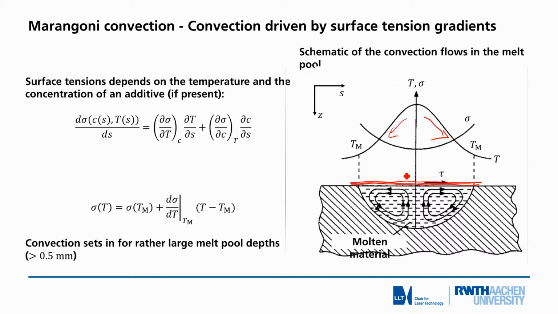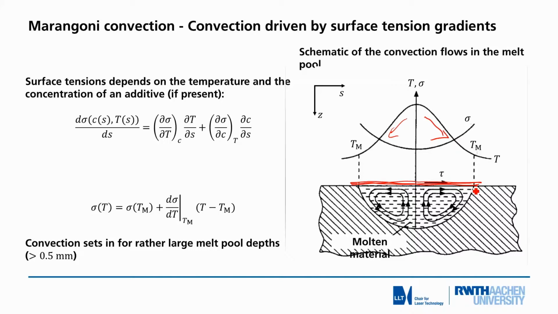Then usually, if we consider the surface tension of that melt pool, with increasing temperature, the surface tension declines. We have smaller surface tensions for higher temperatures. In other words, the decreasing temperature to the edge of the pool will lead to an increased surface tension as we approach the edge of the melt pool. In equations, this is sketched in the left-hand side of the picture.